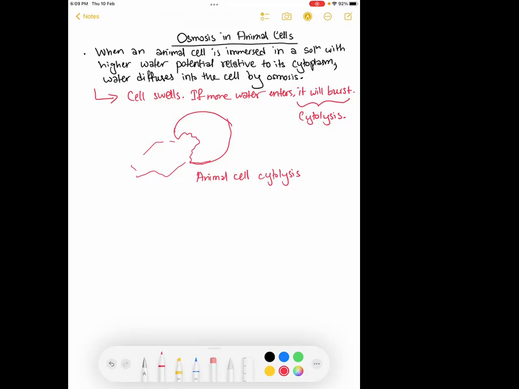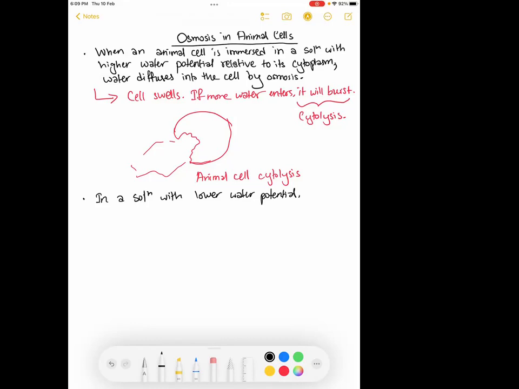What happens when we immerse an animal cell in a solution with lower water potential? In a solution with lower water potential, relative to its cytoplasm, of course, but I'm not writing it down.